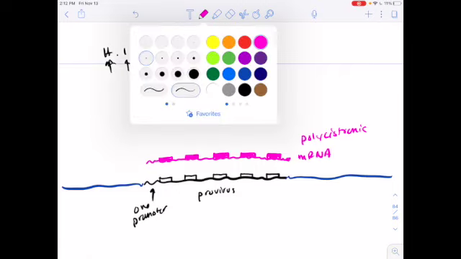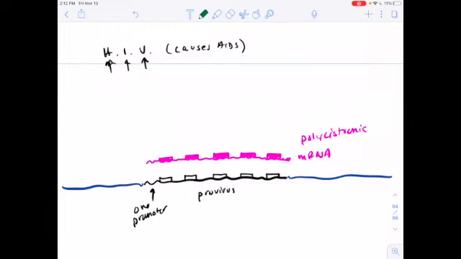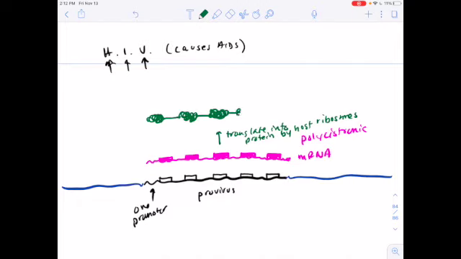When the host cell's ribosomes translate this into protein, by the host ribosomes, it gets translated as one megaprotein, kind of like part of coronavirus's genome.